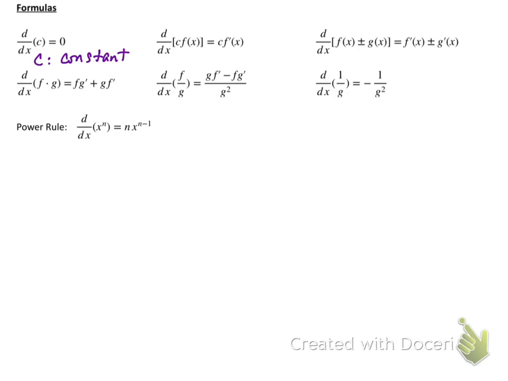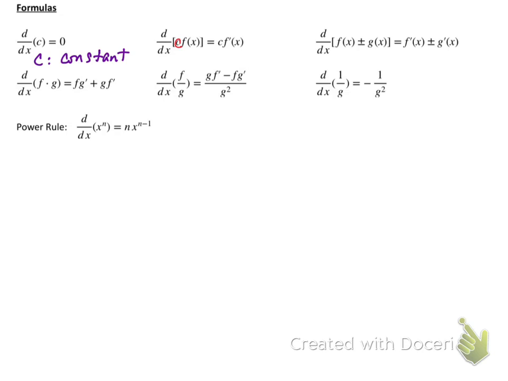The following are a bunch of derivative operations. When you multiply a function by a coefficient or constant c, you can pull it out. The derivative of a constant times a function will just be the constant times the derivative.